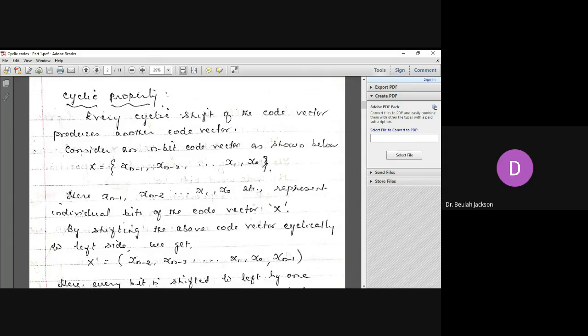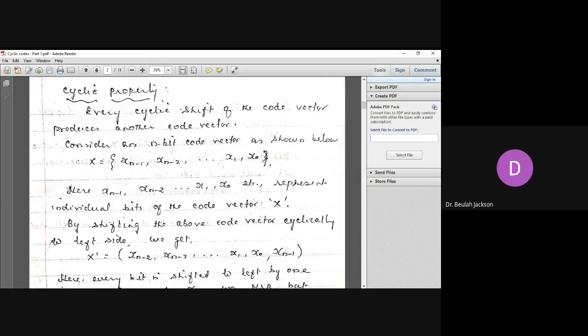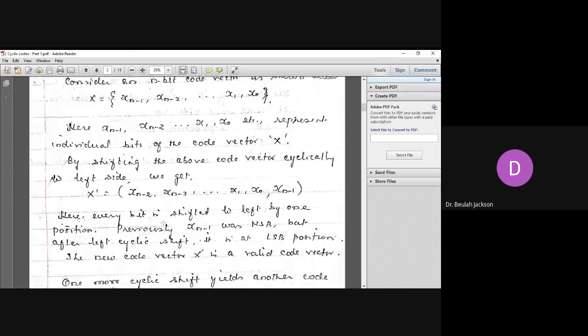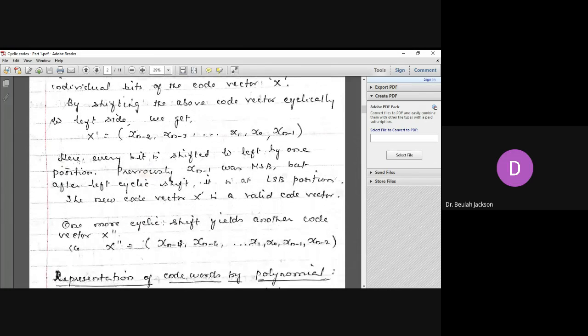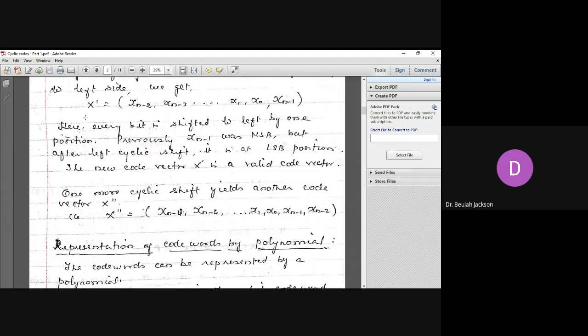Now xn minus 2 will be shifted to the MSB. So the new code word is formed, that is the code vector x dash is equal to xn minus 2, comma xn minus 3, etc. x1, x0, comma xn minus 1. So here every bit is shifted to left by one position.